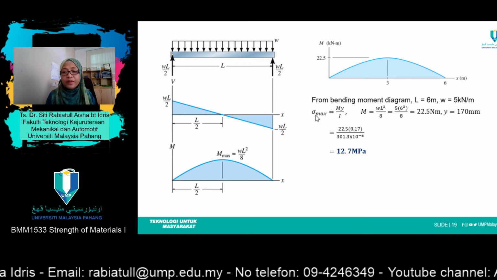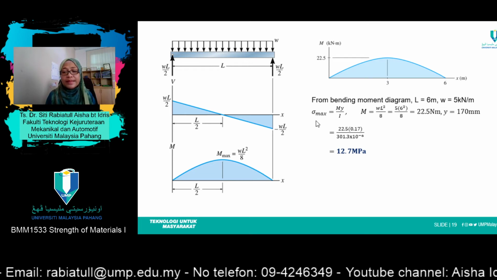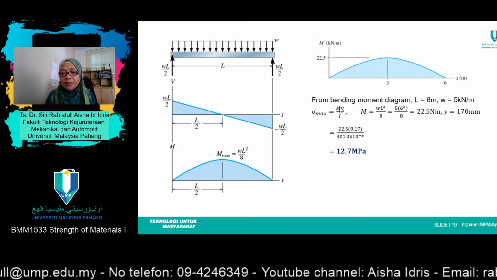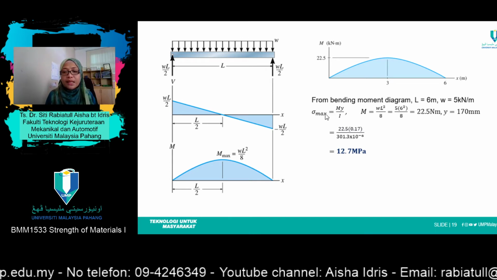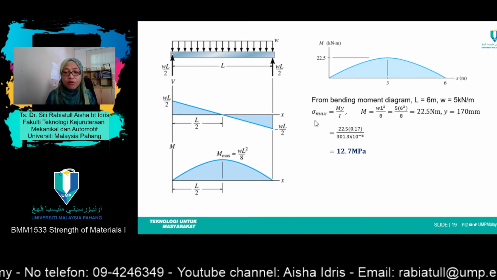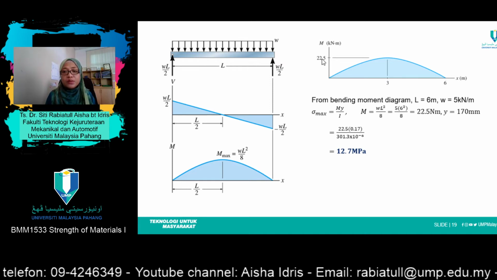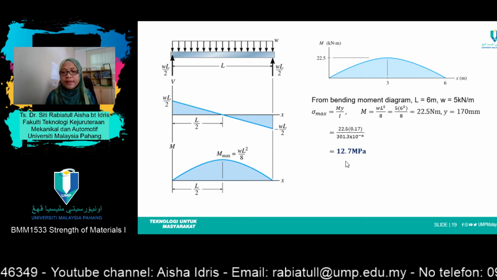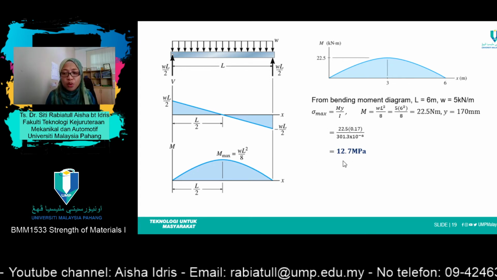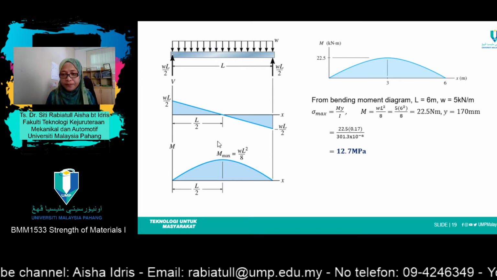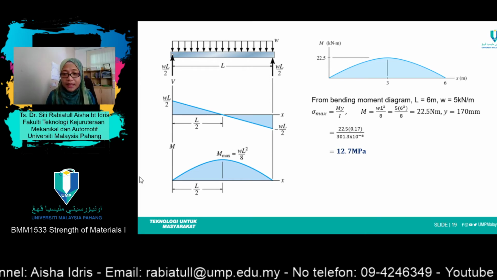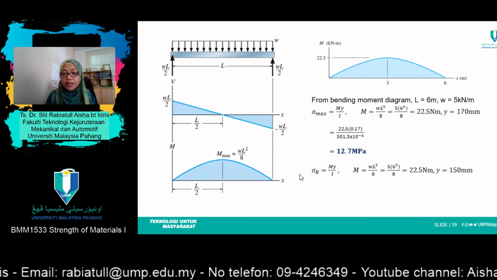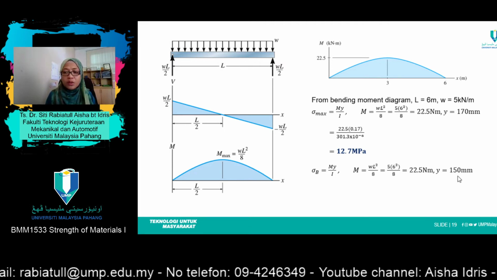So if you refer to this formula, which is sigma equals My over I for a beam, the maximum moment will lead to a maximum value of stress, and that's why we always take the maximum value of moment. So for this case, sigma max equals 12.7 MPa for point D, whereas for point B, y equals 150 mm.